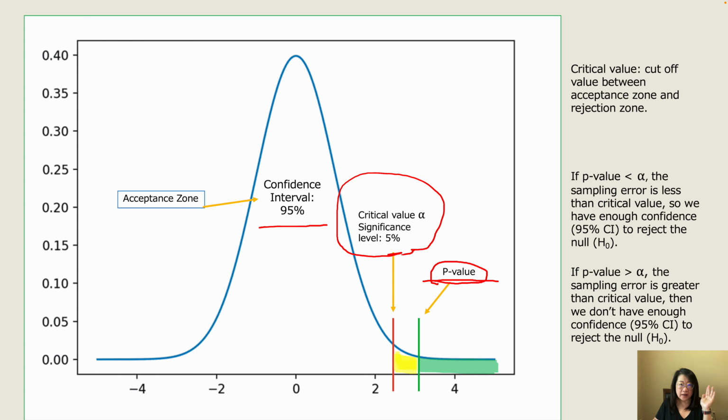Then it is okay to reject the null hypothesis, which means that we have 95% or higher confidence that we can reject the null. But if the p-value is greater than 0.05, then the sampling error falls within the zone of the confidence interval, which means we don't have enough confidence, so we cannot reject the null. So the concept is very simple.